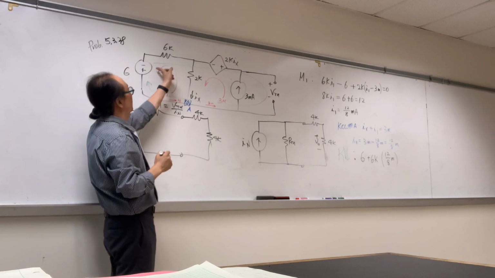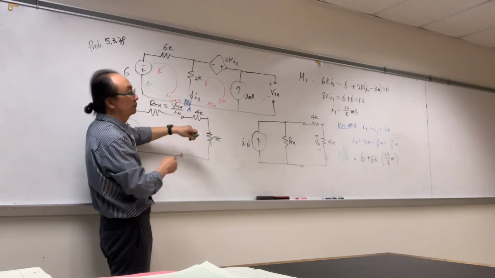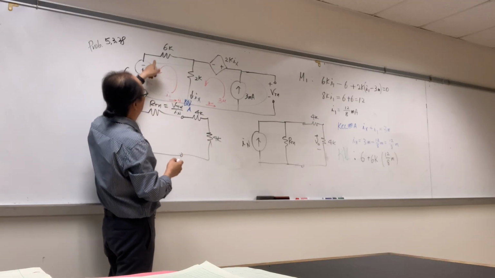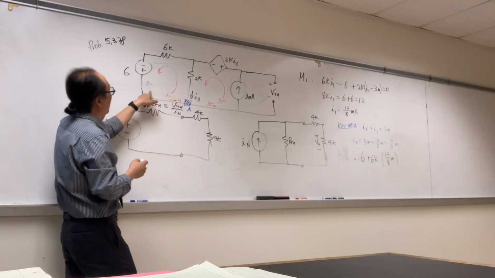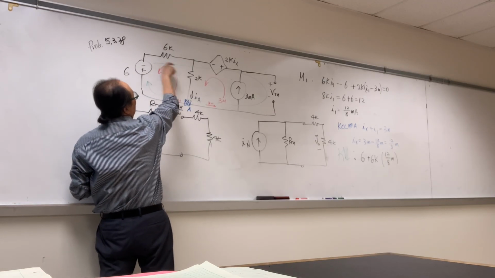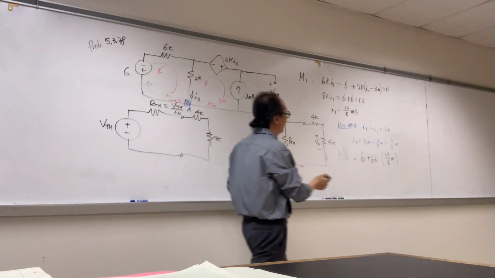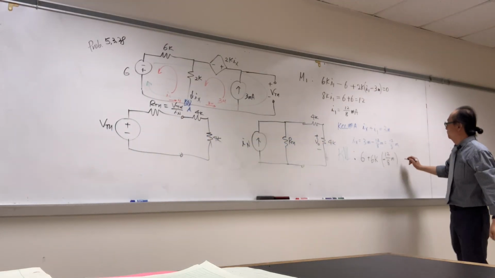Watch here. This I sub 1 is in that direction, and the KVL is not the same direction. For the 6K, the KVL is going in that direction and I sub 1 is opposite direction, so I'm going to put a negative here.